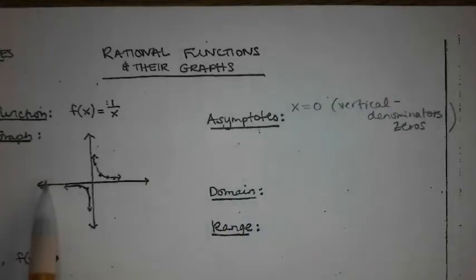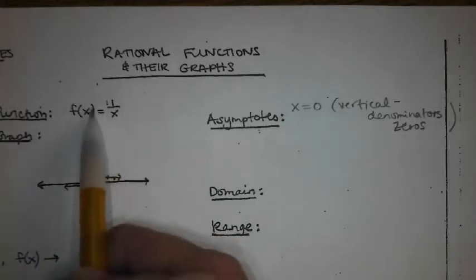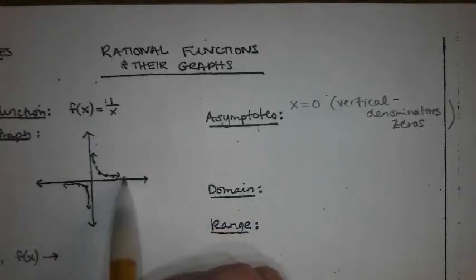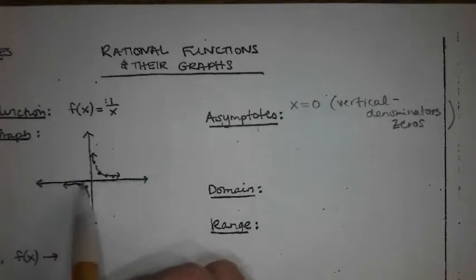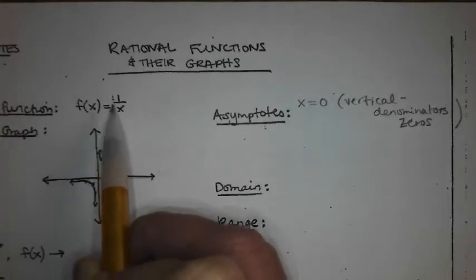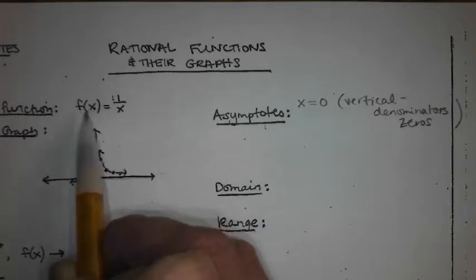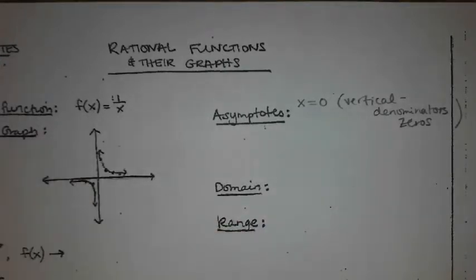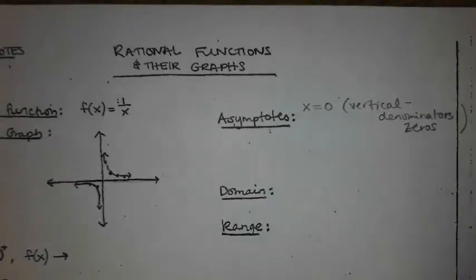And then your horizontal asymptote comes from the fact, take a look at your parent graph. This is when y equals 0, right? Do we all agree? Explain to me why this will never equal 0. Why will 1 over x never equal 0? Liam. Very good.